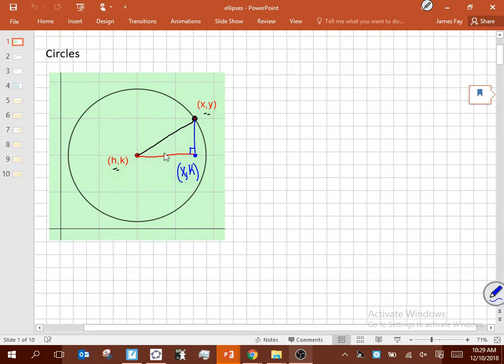So I'll find that red distance, and because it's horizontal, all I've got to do is take x minus h. And I'll find that blue distance, because it's vertical, all I've got to do is take y minus k. And we then say that this distance here, which usually we call c, I'm going to relabel as r, standing in for radius.